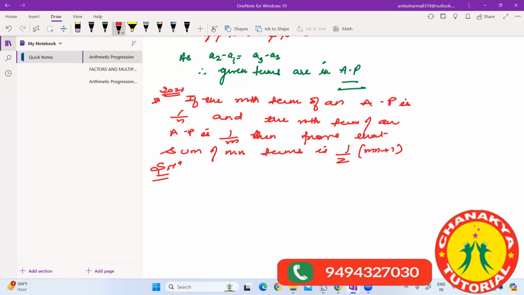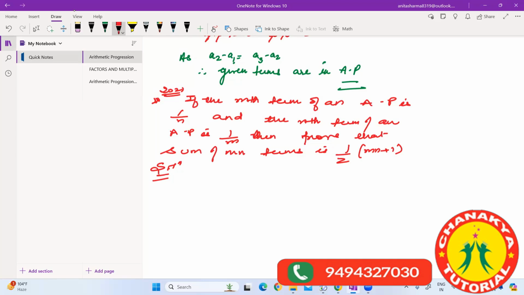So any idea, children, how we can solve this question? See, first of all, you will write, let A and D be the first term and the common difference.